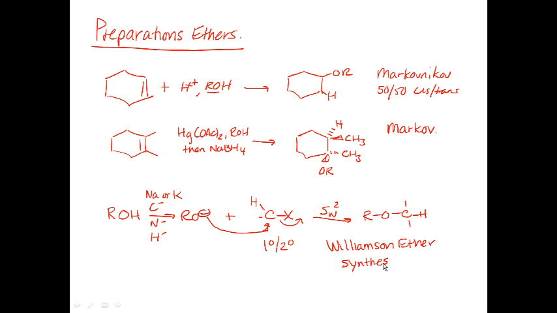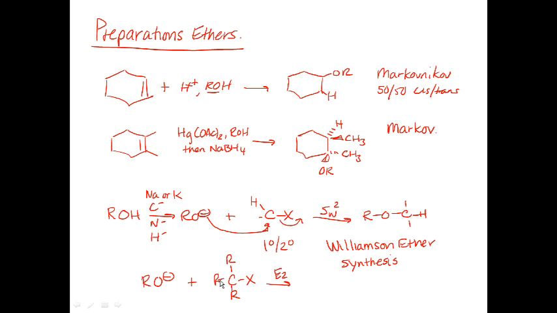But it would only work with having an alkoxide react with a primary or secondary halide, because if we try this reaction with a tertiary halide, what will happen is that this will not undergo SN2 because it's a tertiary halide, and so instead we would get E2 elimination.